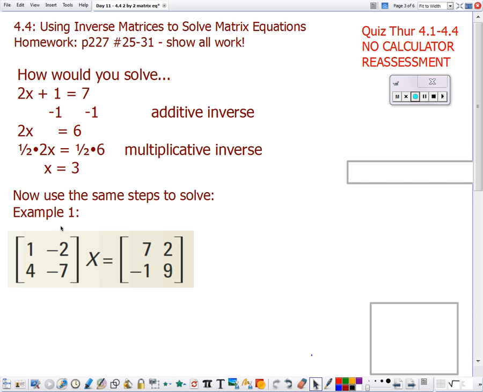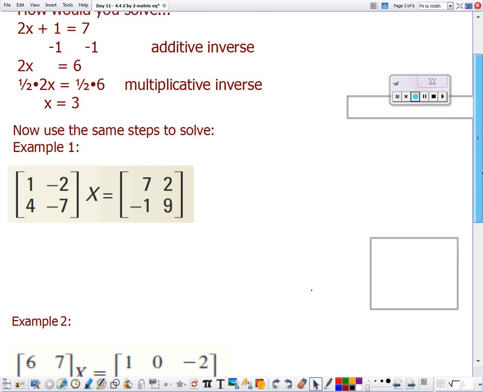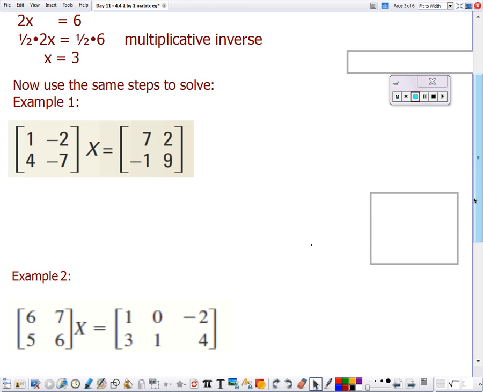So the first step is we need the multiplicative inverse for this matrix. The order matters in the way that you multiply your matrices. So we're going to talk about that in a second. I'm going to call this matrix A. X is the matrix we're going to find, and this is matrix B. So to find A inverse, I need 1 over the determinant.